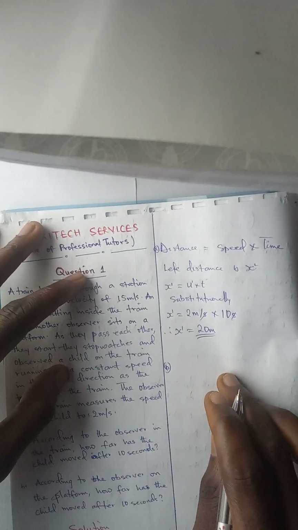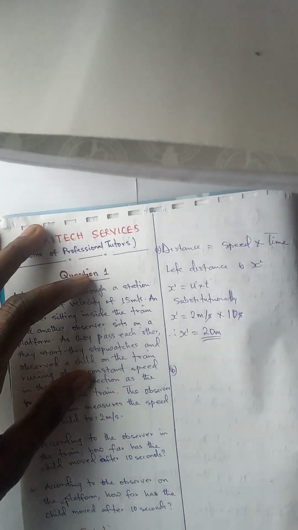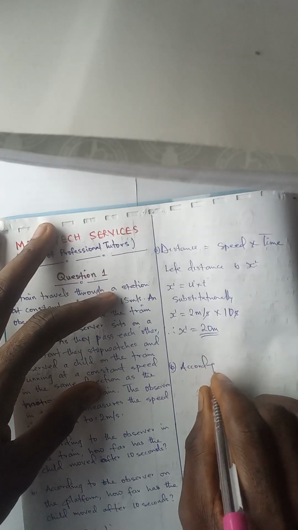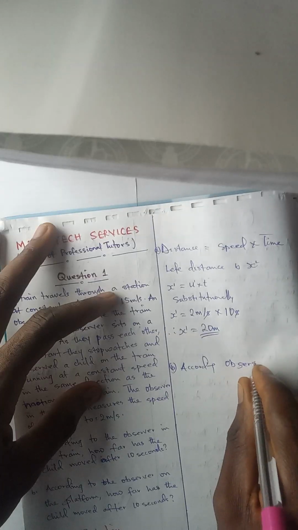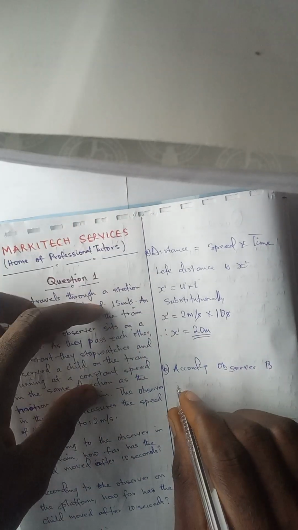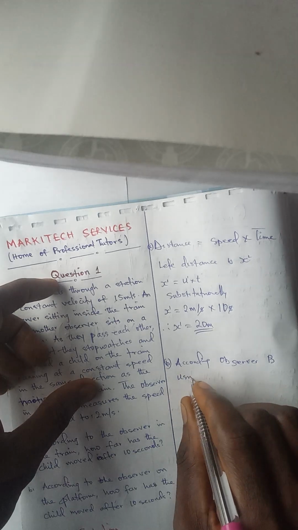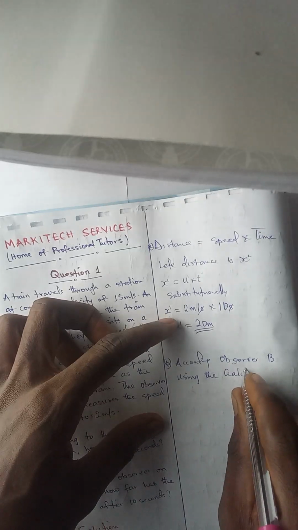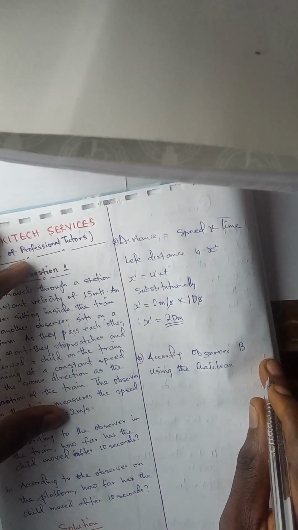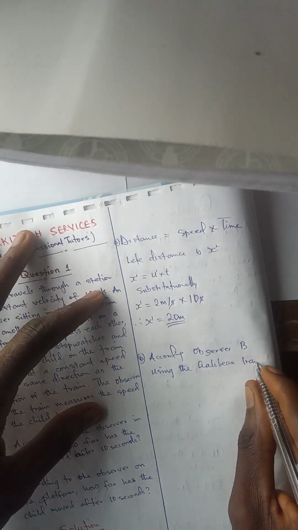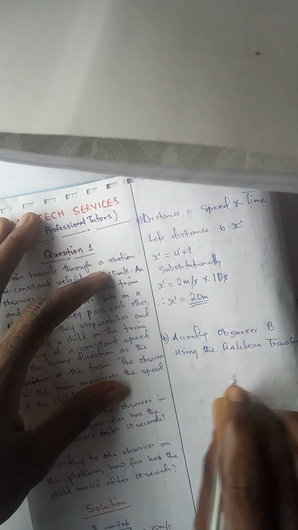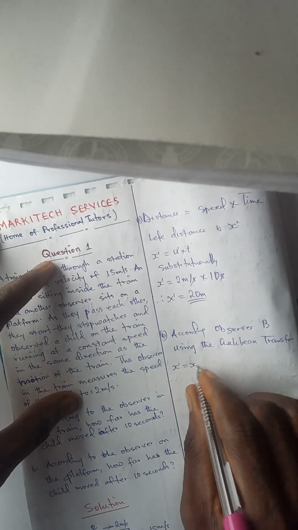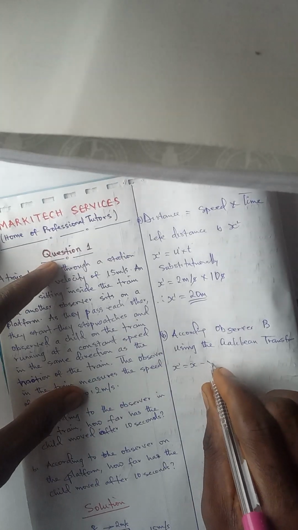And then, according to observer B, we can say, using a formula called the Galilean transformation, that x prime equals x minus vt.